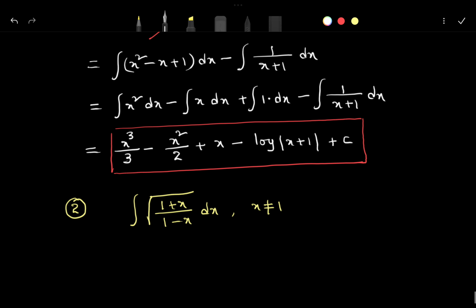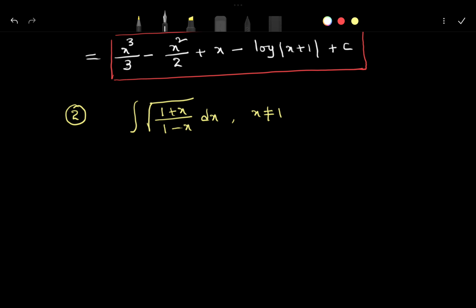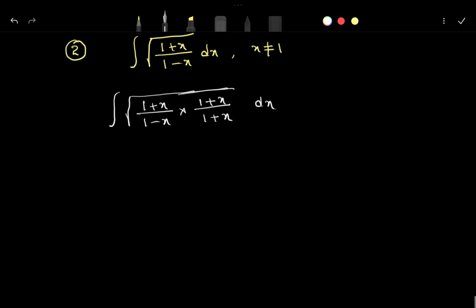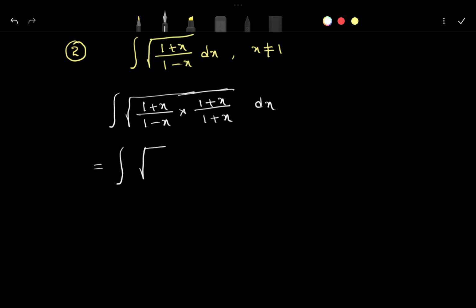Now how to do this problem? Here, the integration of the square root of 1 plus x by 1 minus x. Multiply the numerator and denominator with 1 plus x. So 1 plus x by 1 plus x into dx. The numerator will be the integration of the square root of 1 plus x whole square, divided by the denominator, which is a minus b into a plus b.